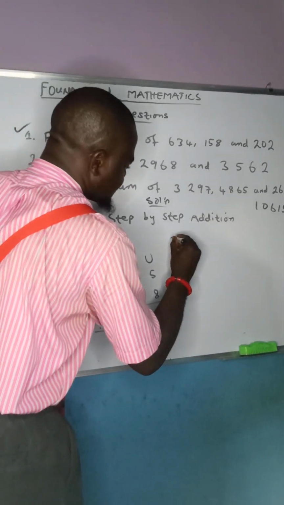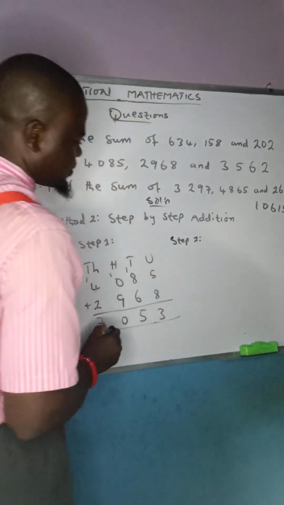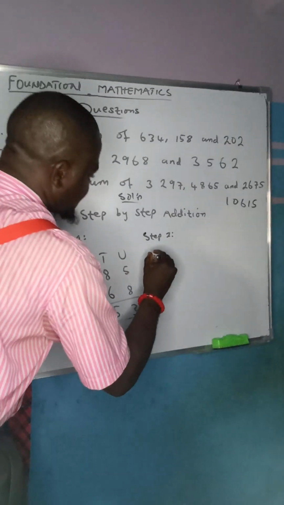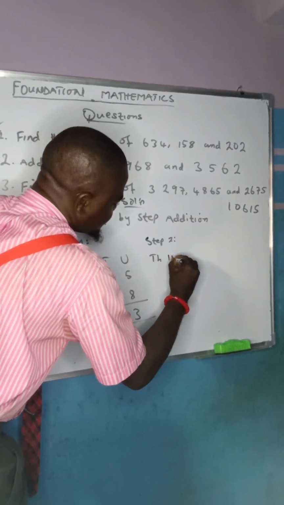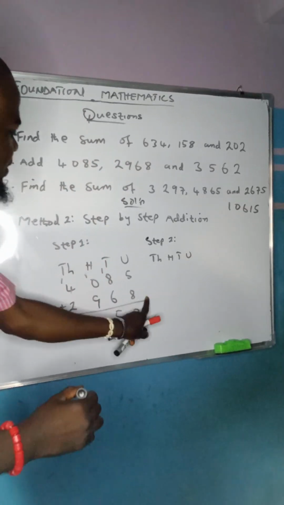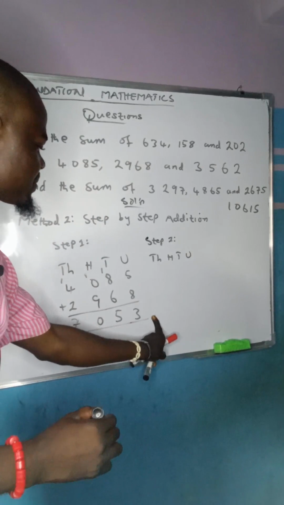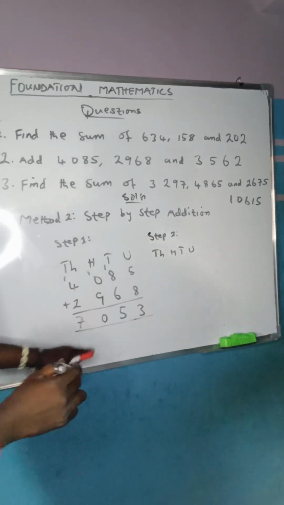Step 2. I still repeat the same what? Since they are 4-digit numbers, 1,000, 100, tens, and unit. Now, in this step 2, let me create space. In this step 2 say bring the answer you got from step 1.